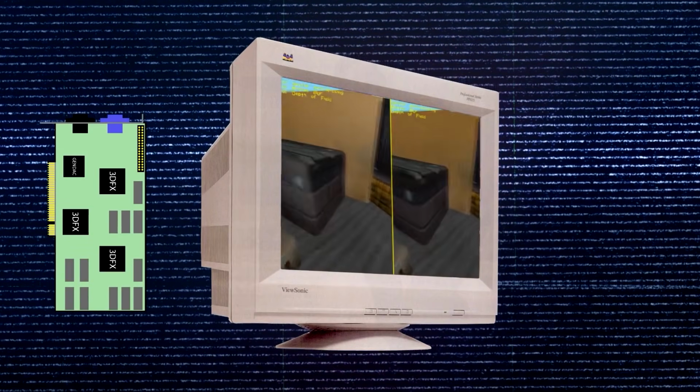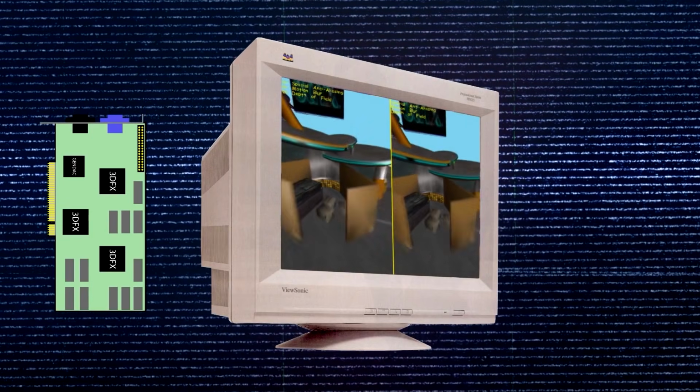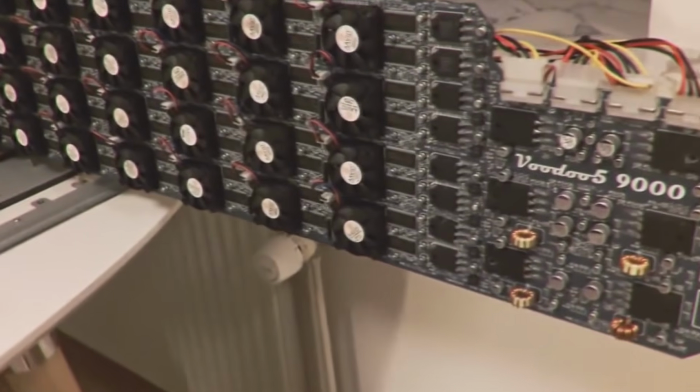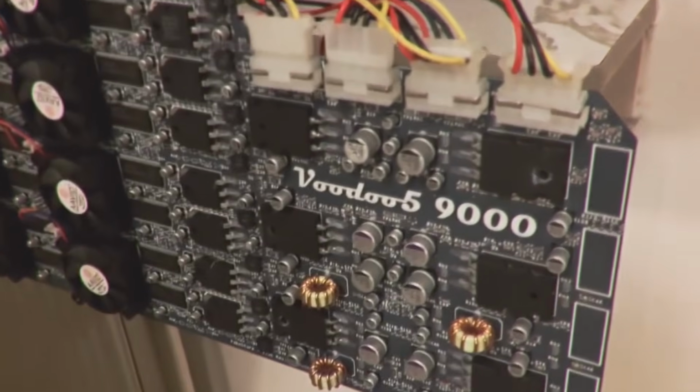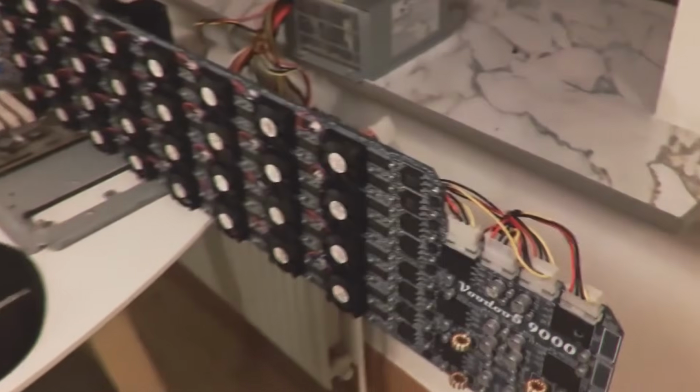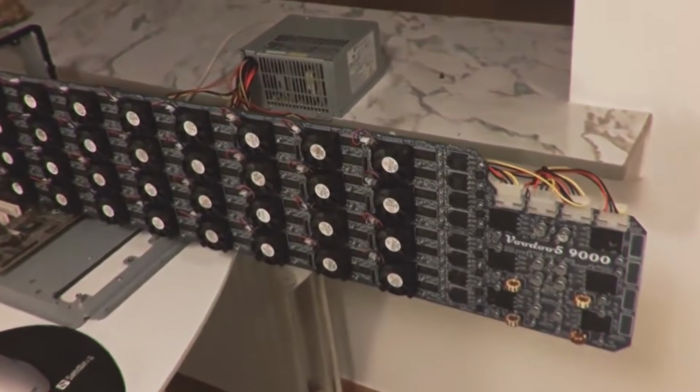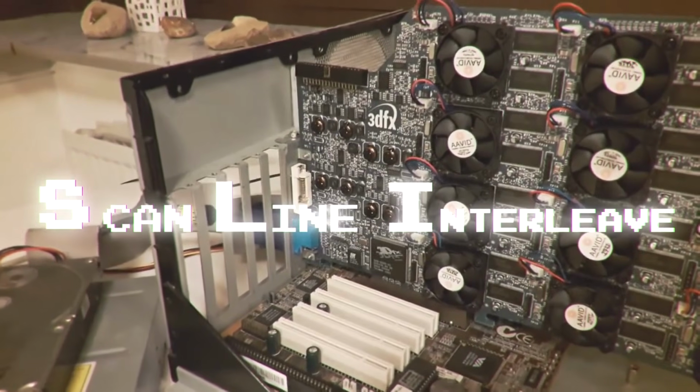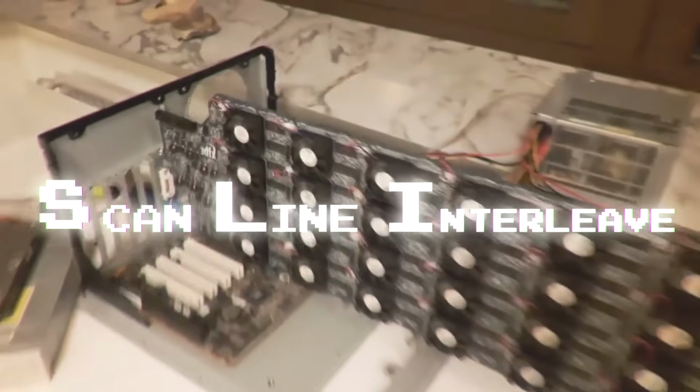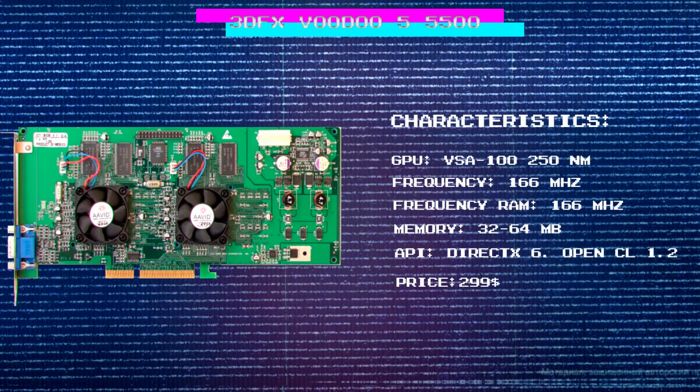From now on, they decided to create multiprocessor solutions for different market segments. In theory, the graphics cards could accommodate up to 32 VSA chips, and performance should increase in direct proportion. Recall, 3dfx already had SLI technology in its arsenal, so the company had some developments for implementing multiprocessor devices.